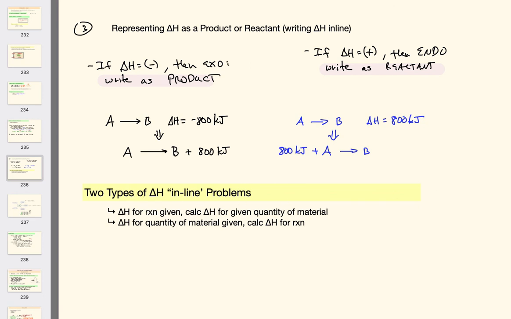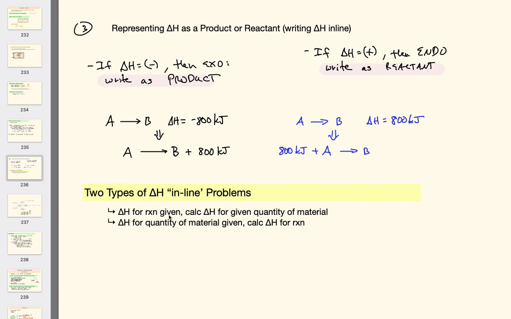Okay, so there are two types then of inline problems. And now we're getting into what you really need to do for the test, rather than know. Two basic types of questions, just like there were two basic types of equilibrium, right? There were ones where you calculated K, and there were ones where you calculated concentrations from K. Well, the same thing is true here.